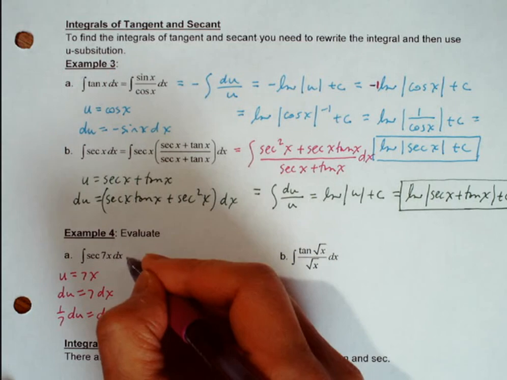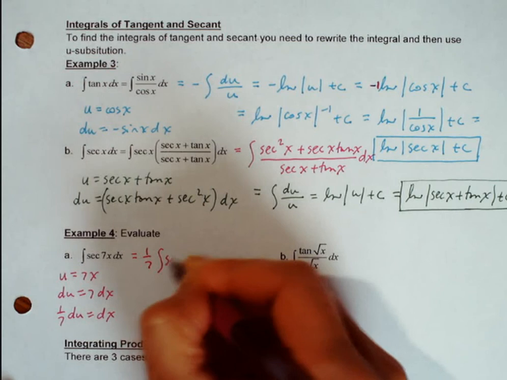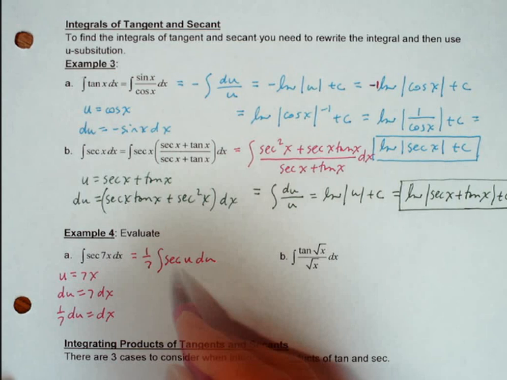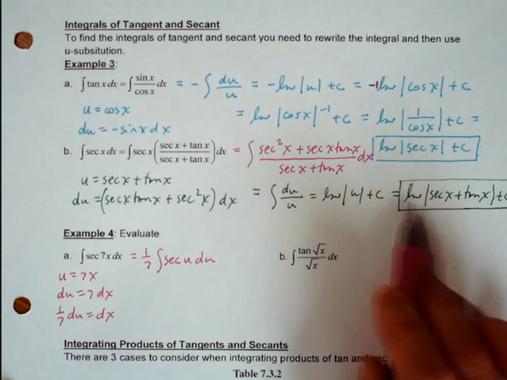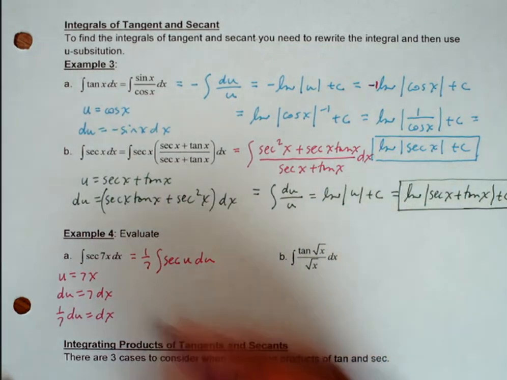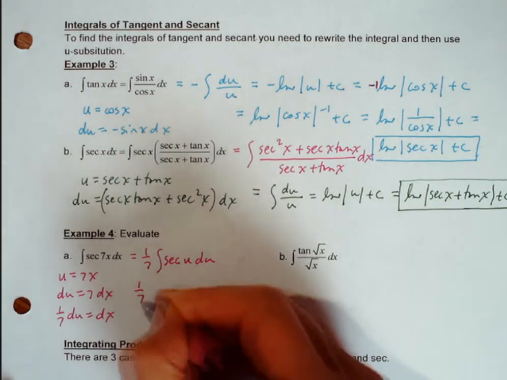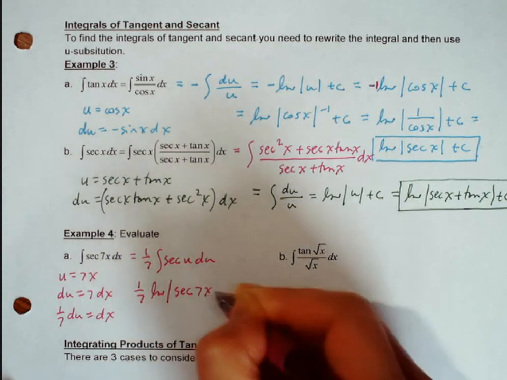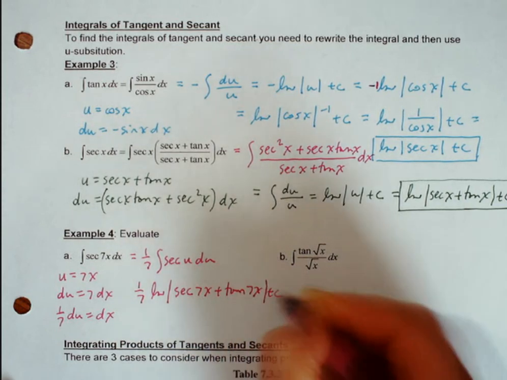Okay, so then substituting all of that in, I end up with 1/7 integral secant of u du. And then I'm just going to use what I found right here as the natural log of secant of x plus the tangent of x plus c. And so my answer here will come out to be 1/7 natural log of absolute value of secant of 7x plus tangent of 7x plus c.